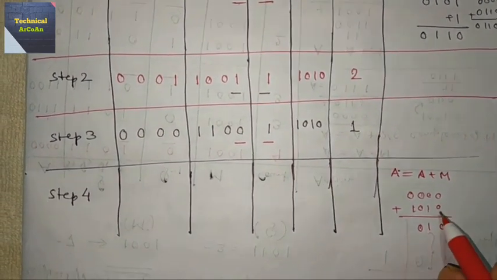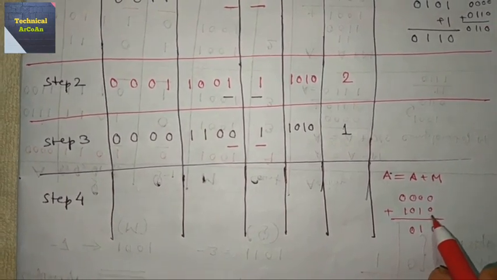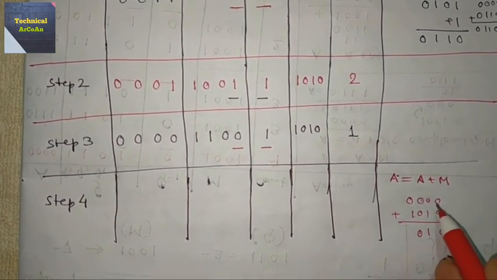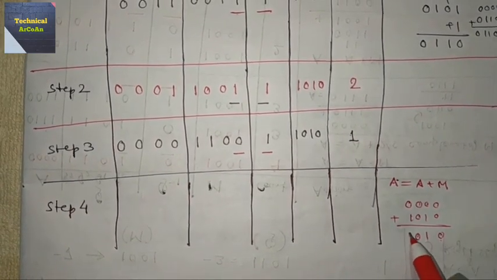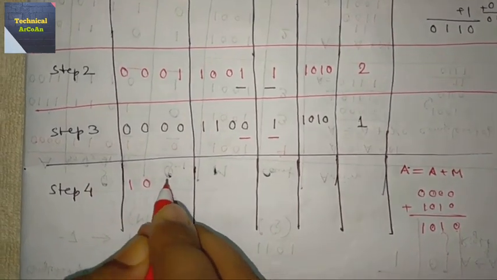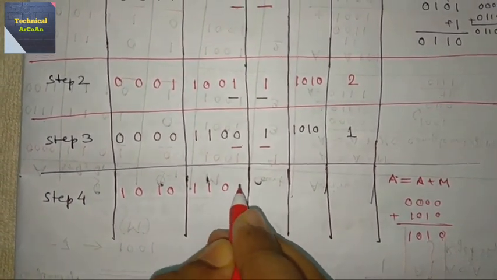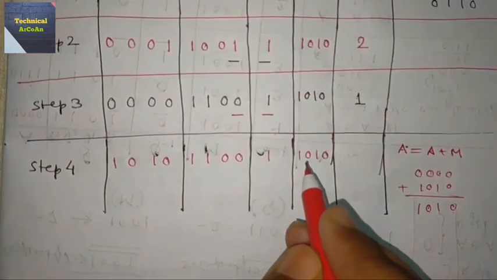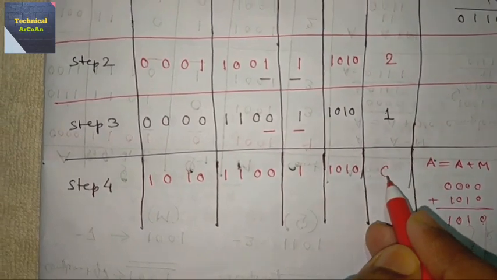Now we add this: A is 0 0 0 0 and M is 1 0 1 0. Adding gives 1 0 1 0. So this is your new A. The Q value will be the same, 1 1 0 0, and Q minus 1 is 1. So your M is 1 0 1 0 and your count will go to 0.